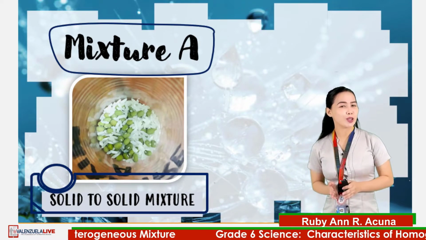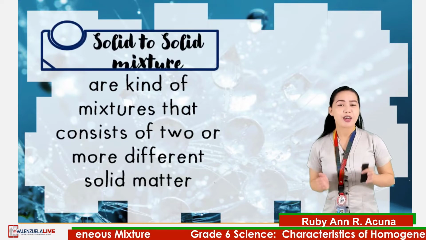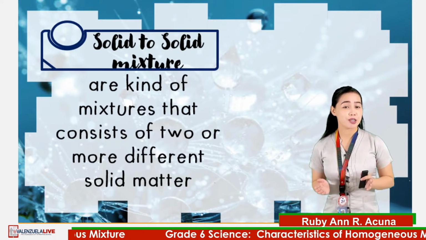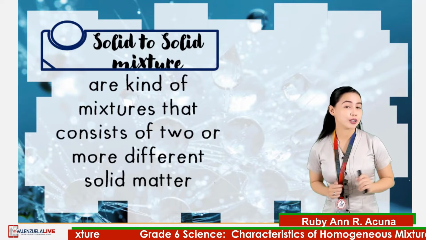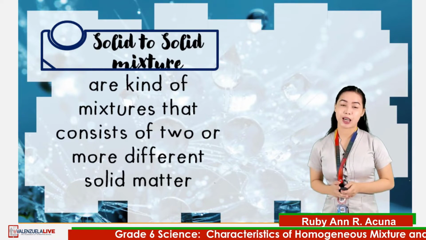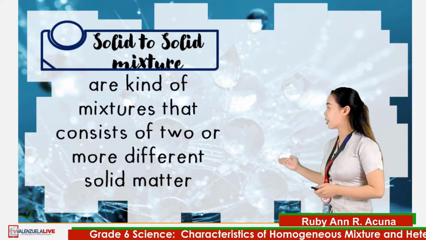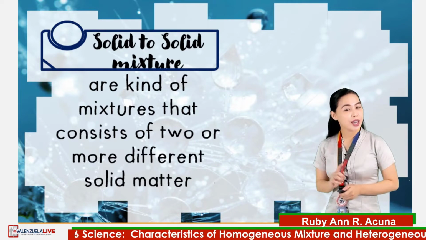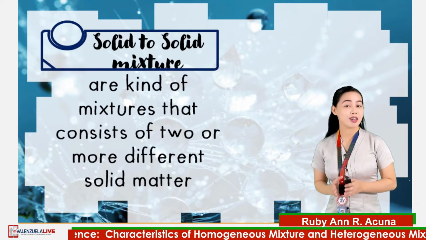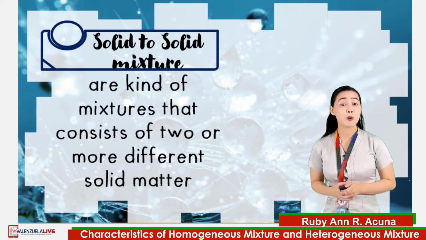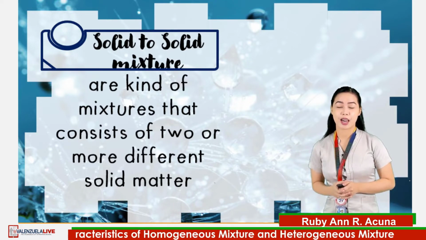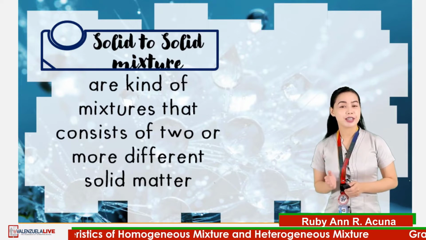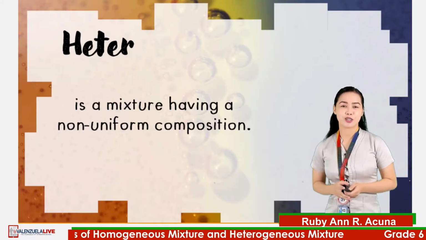When we say solid to solid mixtures, these are mixtures that consist of 2 or more different solid matter, just like the rice grains and mango seeds. In mixture A, we can identify or distinguish immediately the 2 components that we mix. Therefore, it is a heterogeneous mixture.